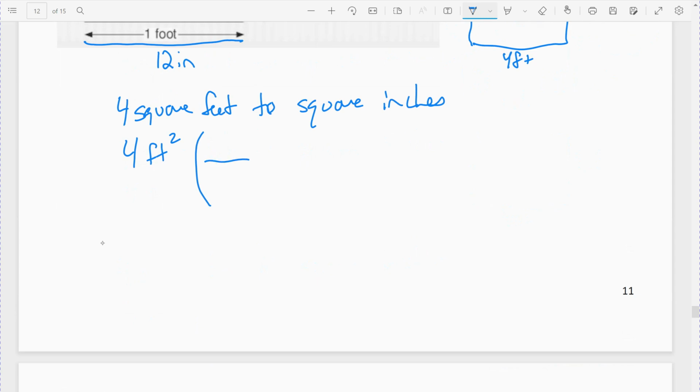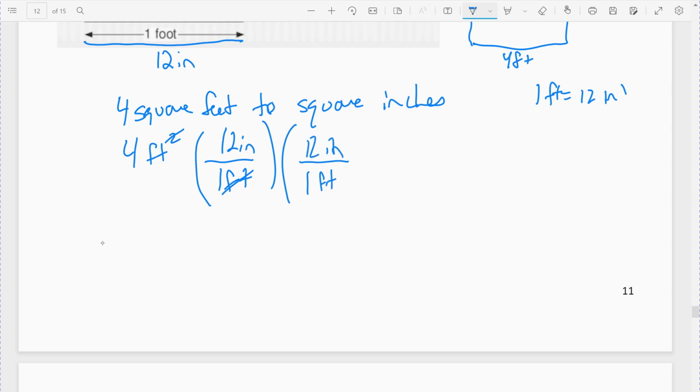And so, remember, for every 1 foot, there are 12 inches. So for every 1 foot, I have 12 inches. Well, that only cancels out one of the feet. I still have 1 left over, so I need another set of 1 foot and 12 inches. I need 2 of them because there are 2 sides to that, and again, I need 2 of them to get square inches, 12 inches by 12 inches.